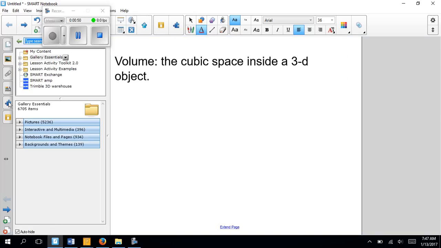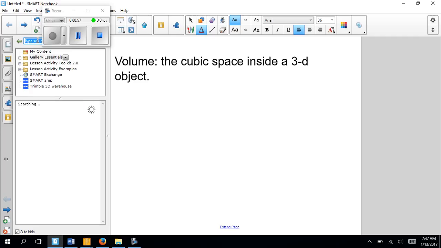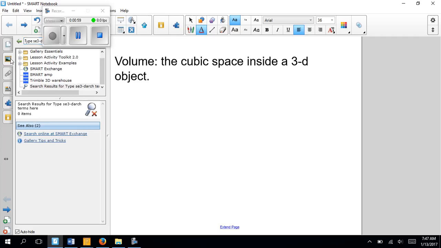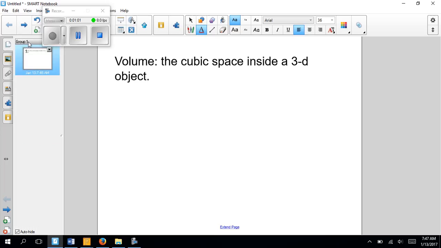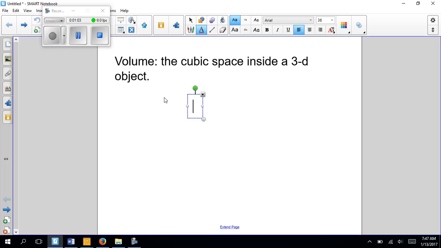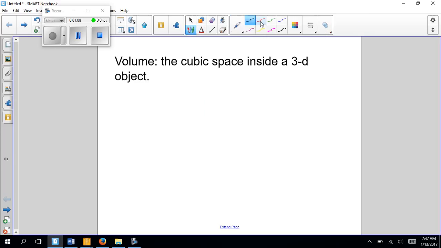So for examples, if I wanted 3D objects, I'd have things like, let me draw. You could have your box. That's a 3D object, so the volume would be the number of little cubes that would fit inside.